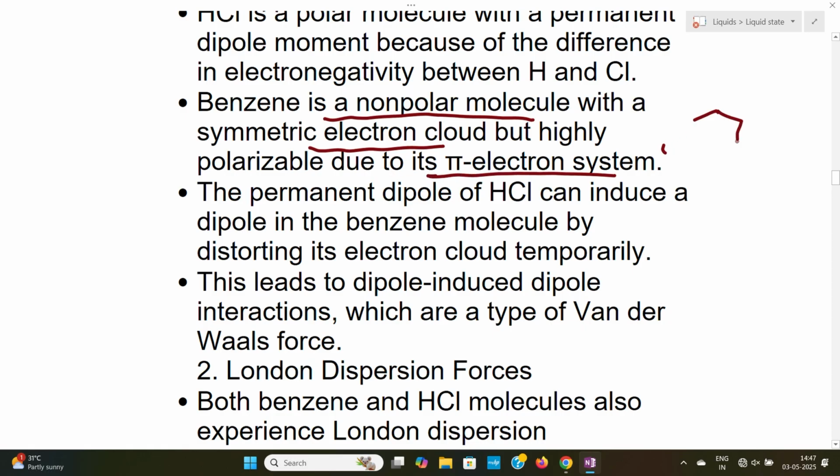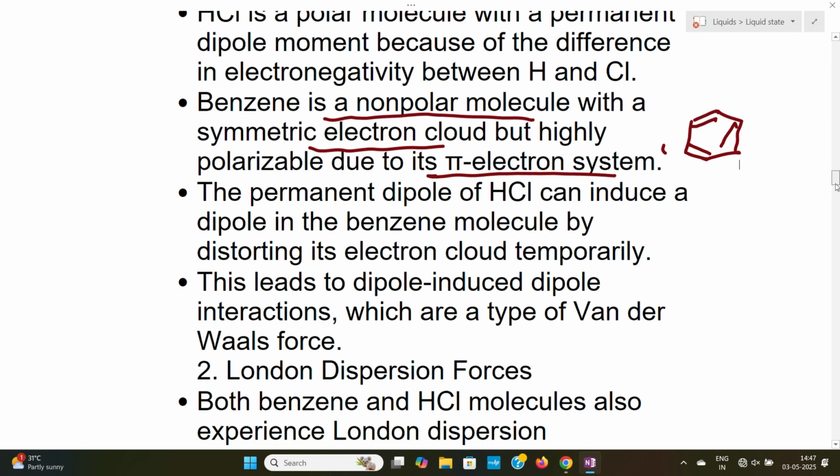So the benzene structure is like this. The pi electron system is strong, so benzene is highly polarizable, and it is non-polar because of the symmetric electron cloud.